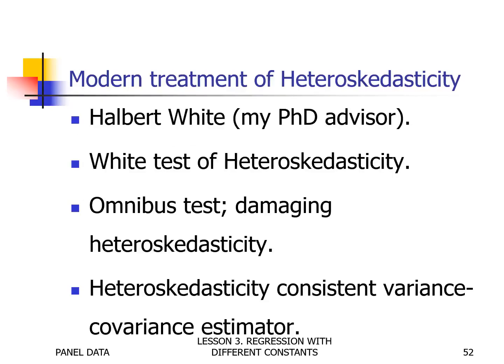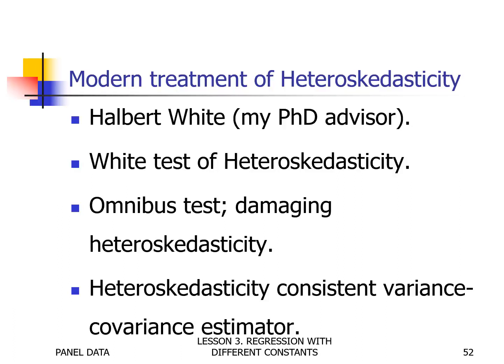Nowadays we prefer to use a modern treatment of heteroskedasticity, which is associated with Halbert White, who was my PhD advisor at the University of California, San Diego. He devised a test called the White test of heteroskedasticity, that you will probably know from previous courses.